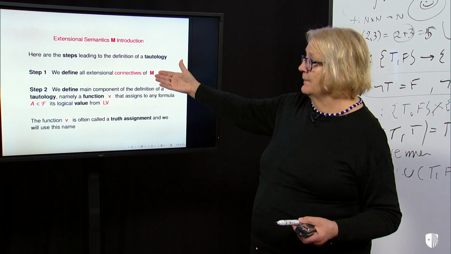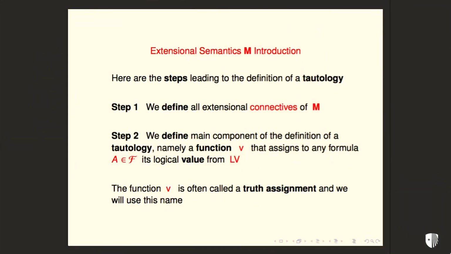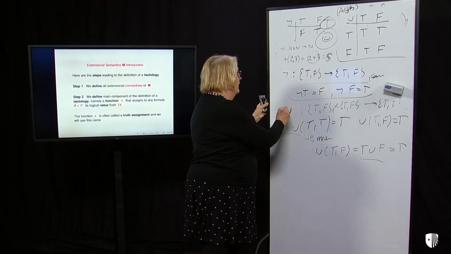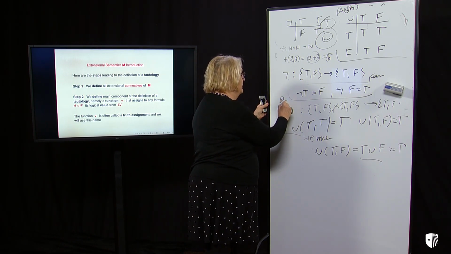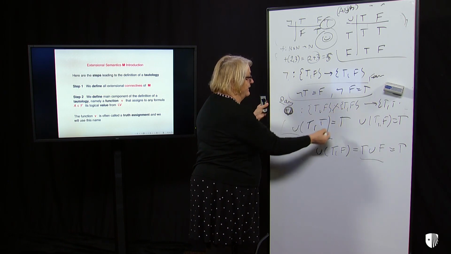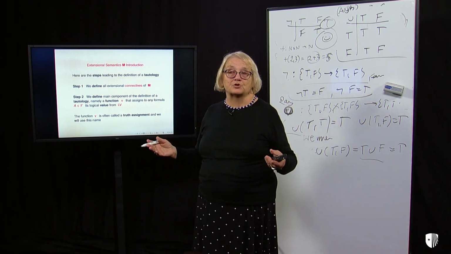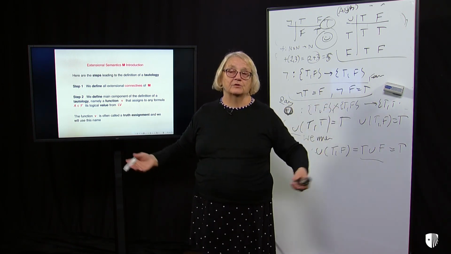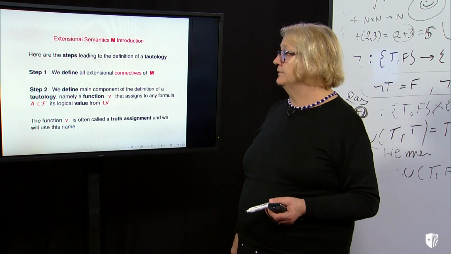These are the steps. First, we define extensional connectives. So it means that we define all this for connectives. This connective is 2 argument, is a certain function, and you have to define that function, whatever is the set of logical values, here the set of 2 logical values, 3 logical values, etc. So that means we define connectives.